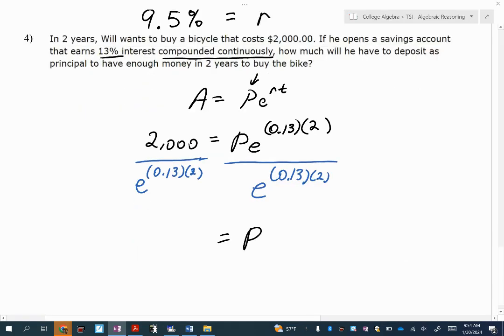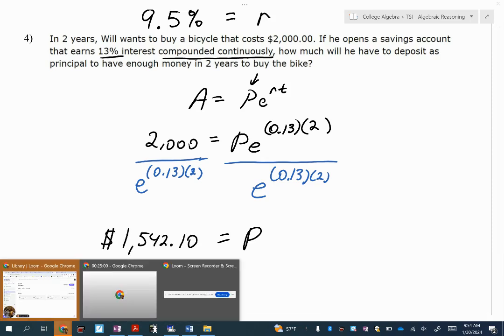So P equals 2,000 divided by E raised to the 0.13 times 2. I got $1,542.10.